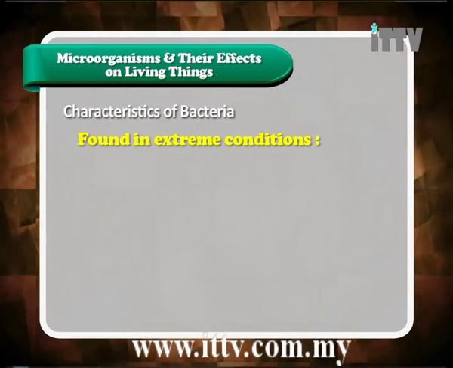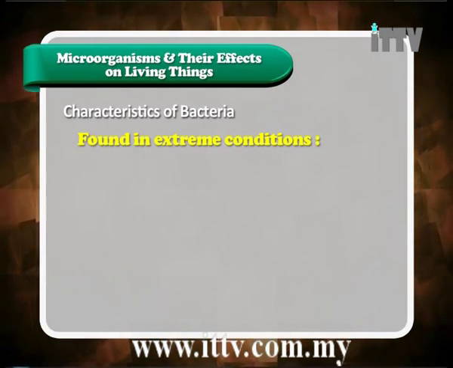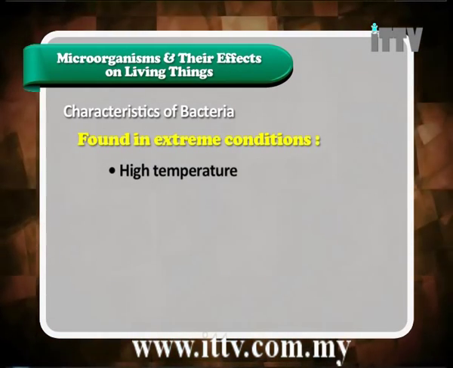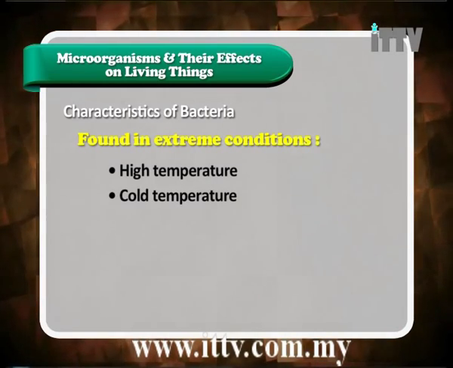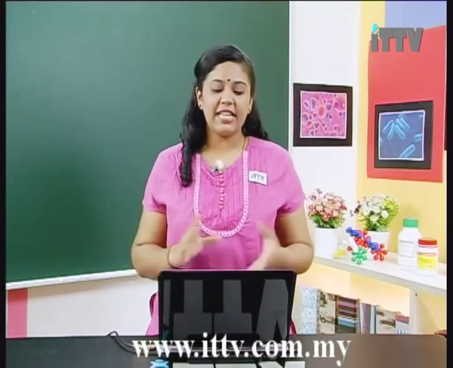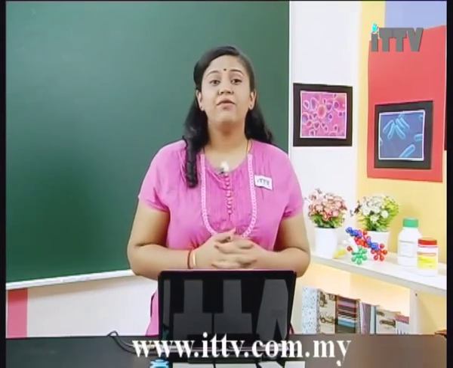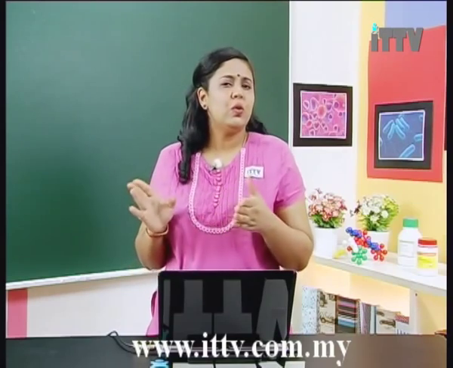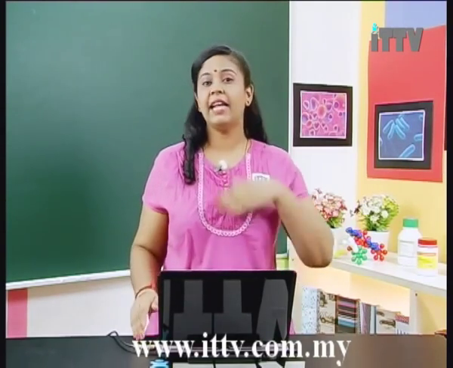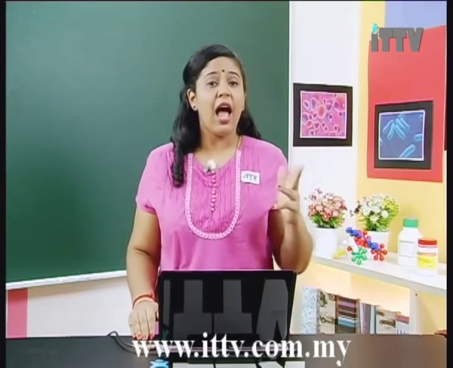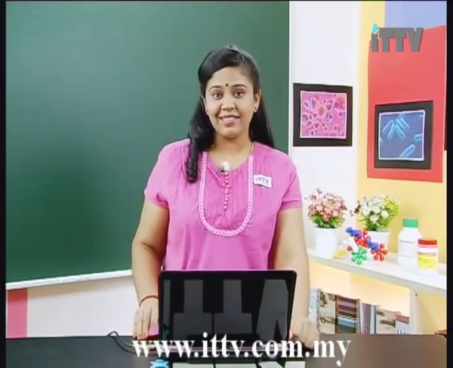They can even be found in extreme conditions such as high temperature and cold temperature. So here we can see that bacteria can live in 2 different extreme conditions. One is very high temperature and two is cold temperature, whereby it can even live in boiling water and also in polar ice.